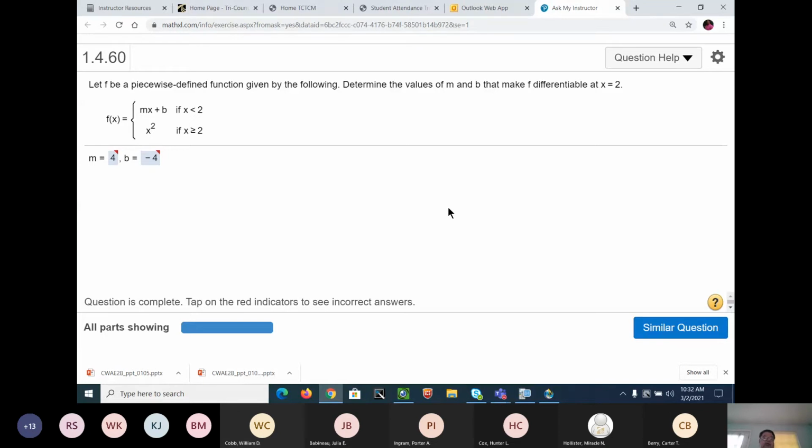So I made a mistake on that one. 2 squared is 4, and when you plug it in and solve for b, you get negative 4. Not a good problem. Miss Hollister, not a good problem. But I'm glad you sent it, but this is not a test question.